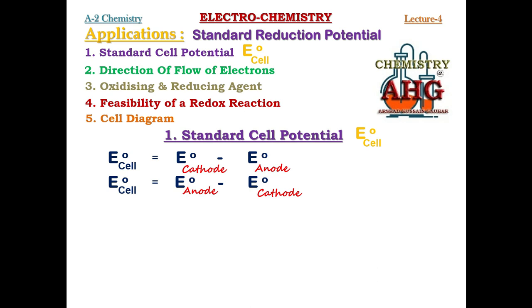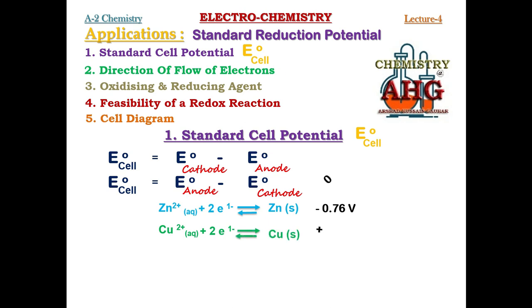Let's see. I am giving you two half cells for calculating the standard cell potential. One is the half cell of zinc, its standard reduction potential is negative 0.76 volt, and the other is the half cell of copper, its standard reduction potential is positive 0.34 volt.